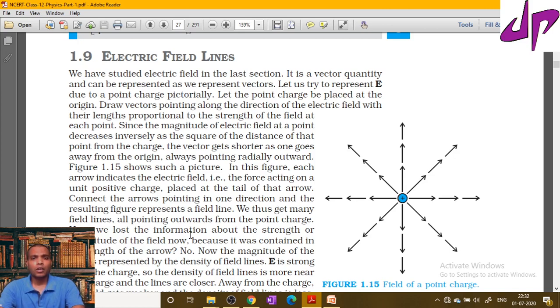So we need not depend upon the mathematical formula or the mathematical dependence. The visual representation of the electric field, which was given by Michael Faraday, helps us find the strength of the electric field. We can understand this with the help of the electric field lines.